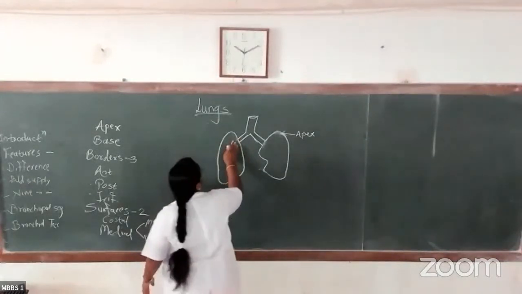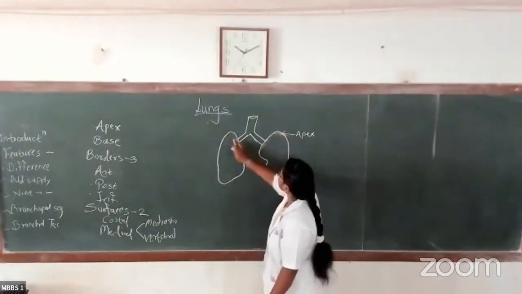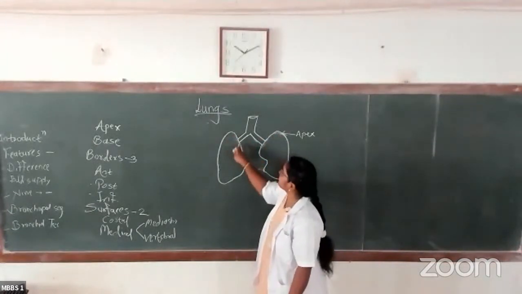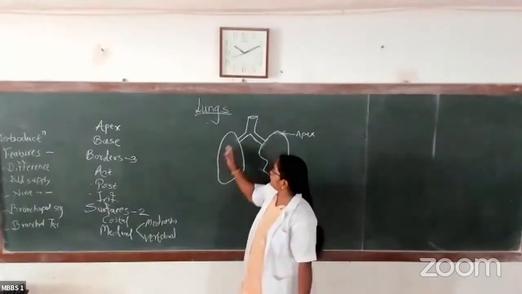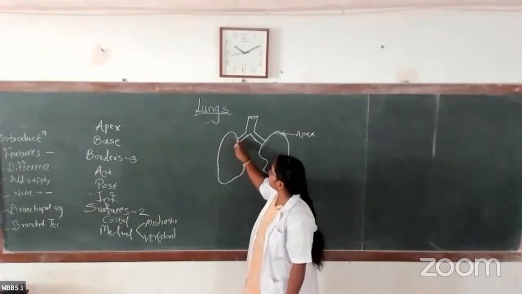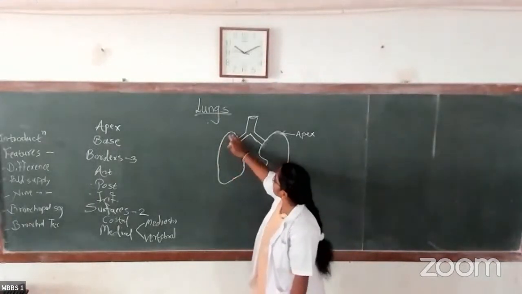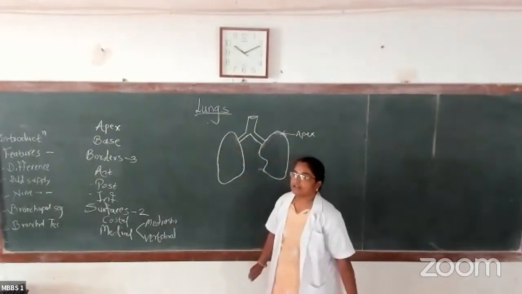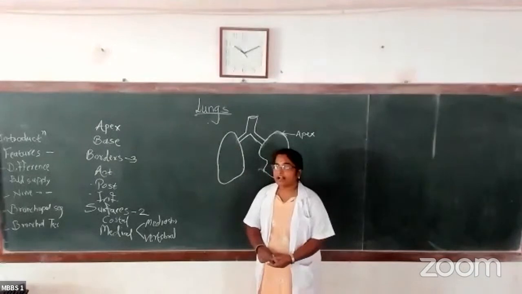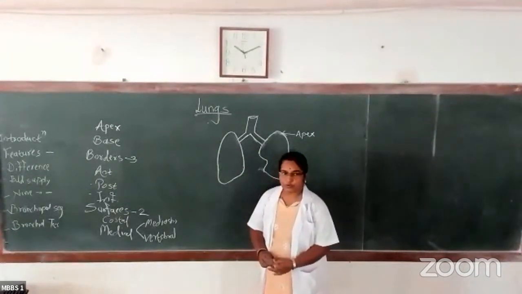Now, anteriorly and medially, this apex is related to the subclavian artery, which makes a groove which is present anteriorly and medially. Now, this apex of the lung is covered by cervical pleura and suprapleural membrane, as you know.